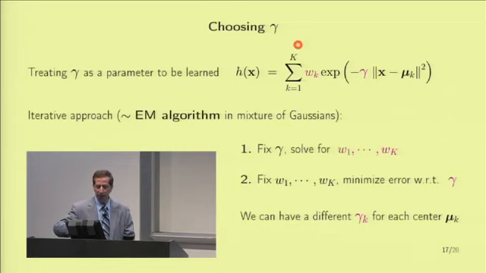So I take this guy with W's being constant, gamma being a variable, and I apply this to every point in the training set, x1 up to xN, and take it minus y_n squared, sum them up. This is an objective function, and then get the gradient of that and try to minimize it until I get to a local minimum. And when I get to a local minimum, now it's a local minimum with respect to this gamma and with the W_k's being constant.